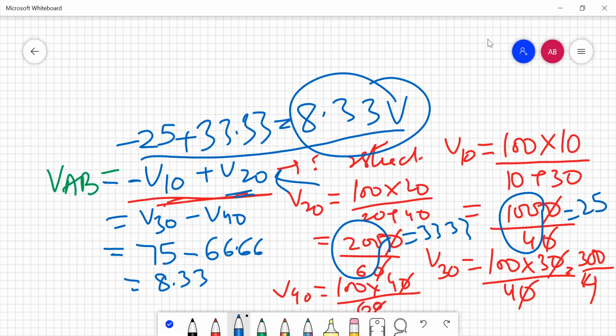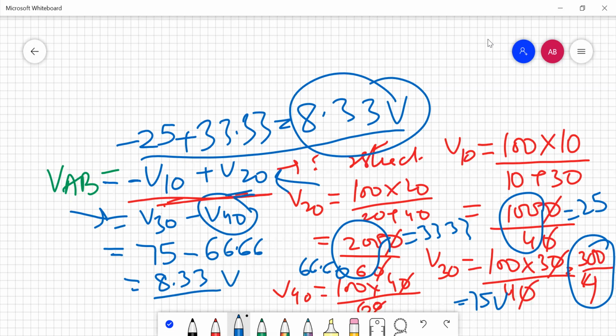We can also cross verify it by going along the next path, which gives us V30 minus V40. Here V30, that is 300 by 4, gives us 75 volts, while V40 gives us 66.66. So this gives me again the same value.